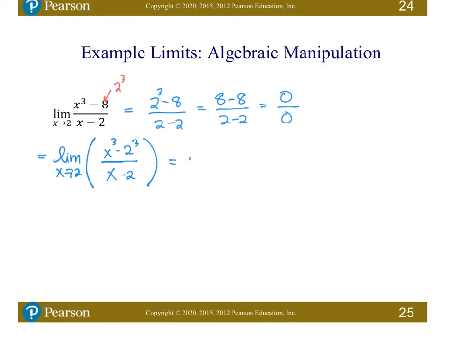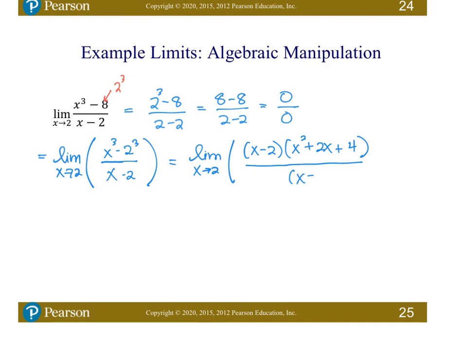So the legal way would be to use the difference of cubes. So the difference of cubes says to factor that into x minus 2, and then everything else is positive. X squared plus 2x plus 2 squared, which is 4, all over x minus 2.